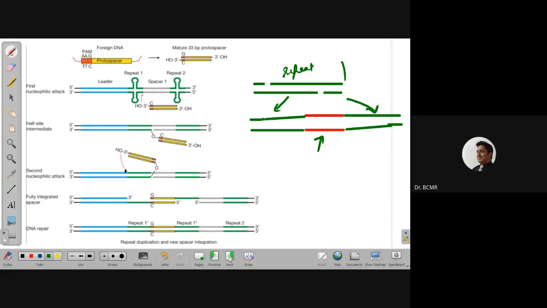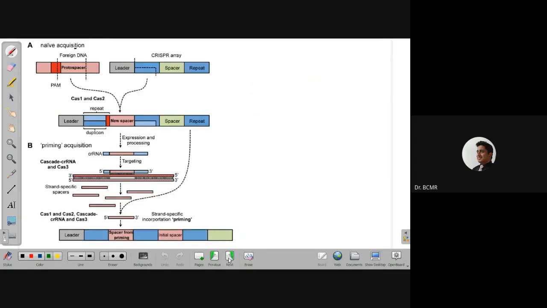I mean, during adaptation. So we already saw that there are two types of acquisition. Naive acquisition is the first time a piece of DNA from a phage is taken and incorporated. That is called naive acquisition.